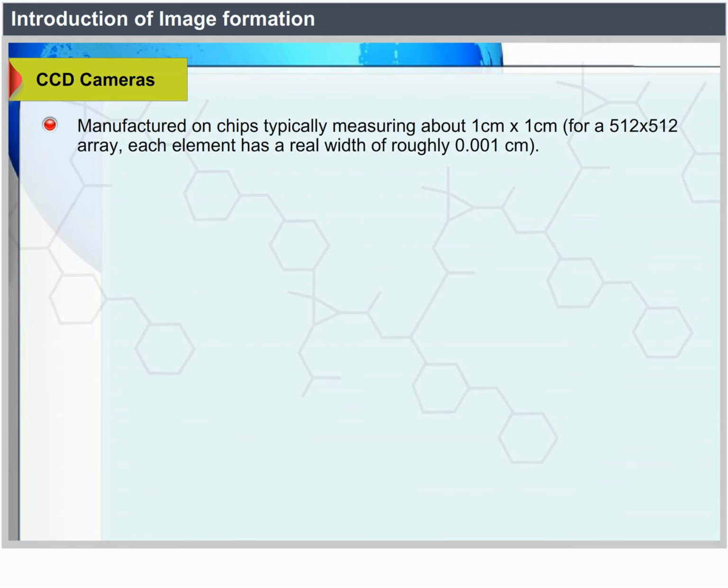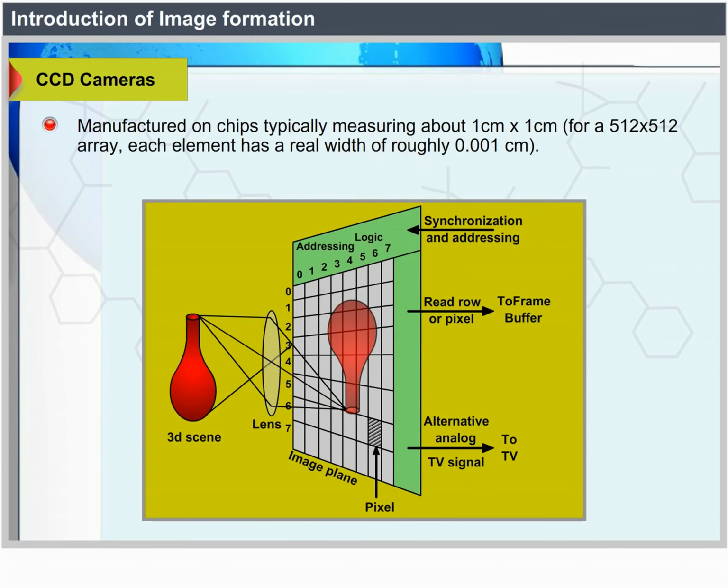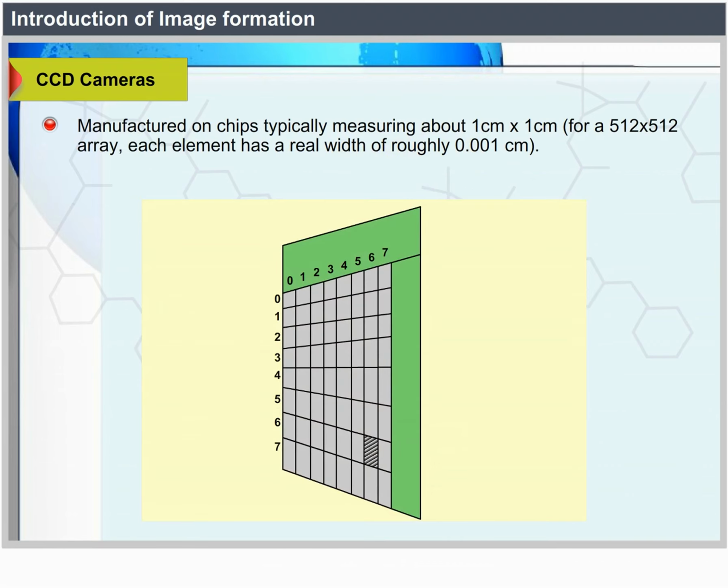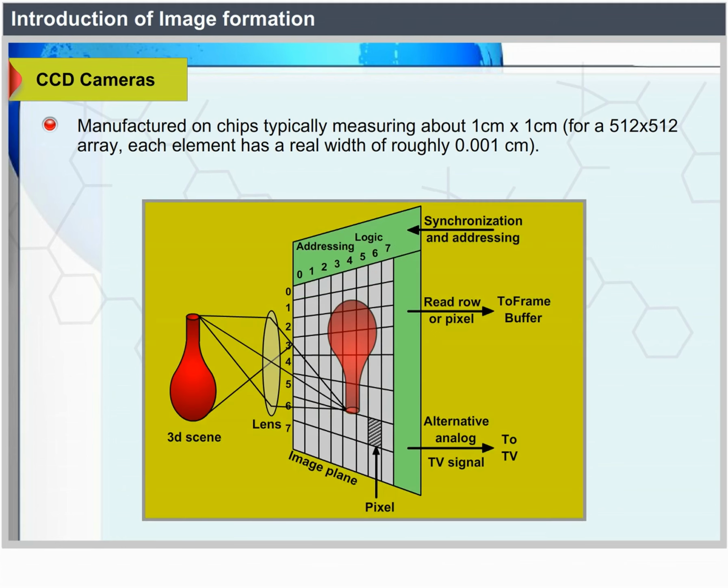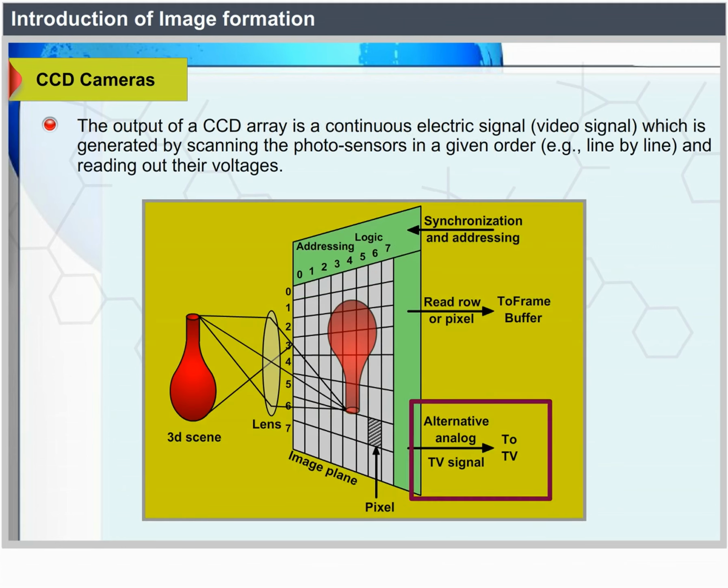Manufactured on chips typically measuring about 1 cm by 1 cm, for a 512 × 512 array, each element has a real width of roughly 0.001 centimeters. The output of a CCD array is a continuous electrical signal, the video signal, which is generated by scanning the photosensors in a given order, that is, line by line, and reading out their voltages.